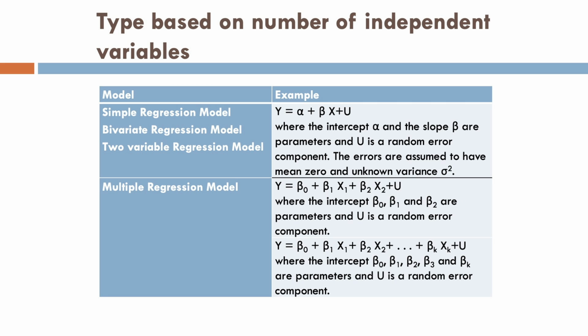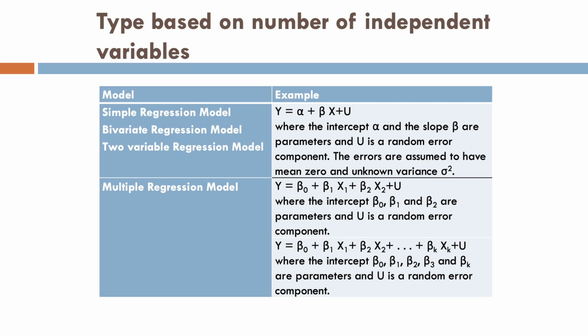Similarly, the multiple regression models are represented as y is equal to beta 0 plus beta 1 x 1 plus beta 2 x 2 plus u, where beta 0, beta 1 and beta 2 are parameters and u is an error component.